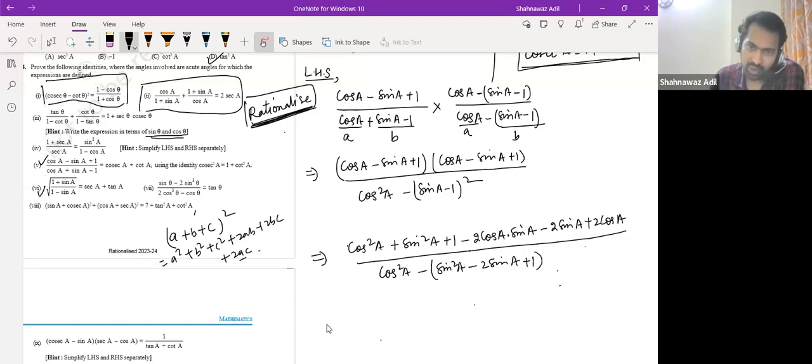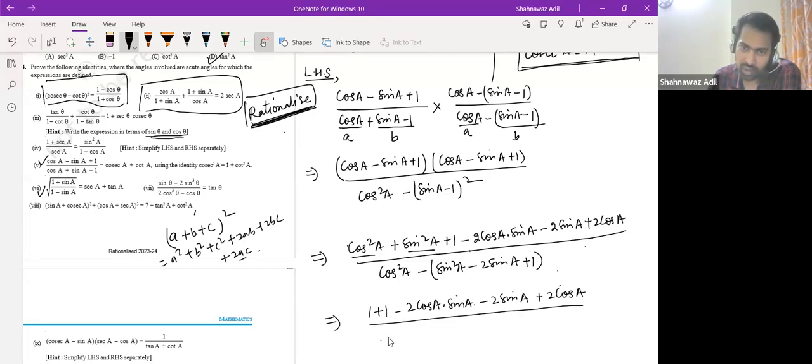And then what? So this is what, guys? This is 1. So 1 plus 1 minus of 2 cos a into sine a and minus of 2 sine a and plus of 2 cos a. So this is this. And in the denominator, what do we have? Cos square a minus sine square a plus of 2 sine a and minus of 1.